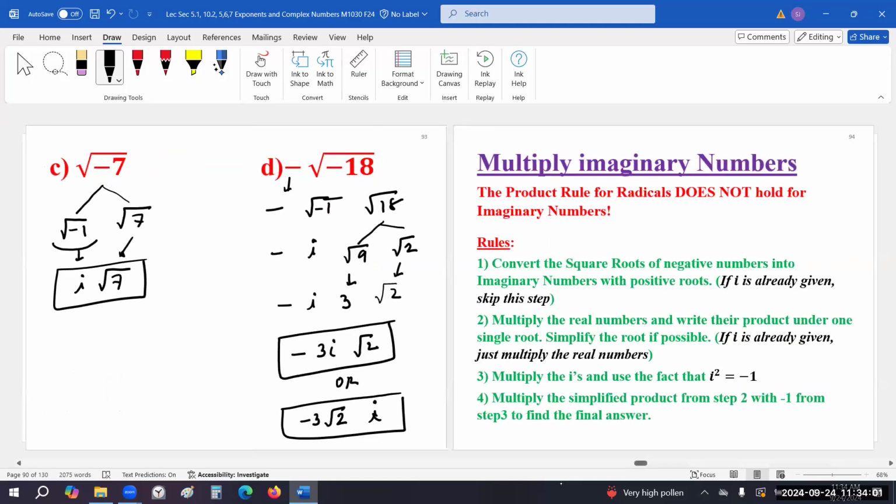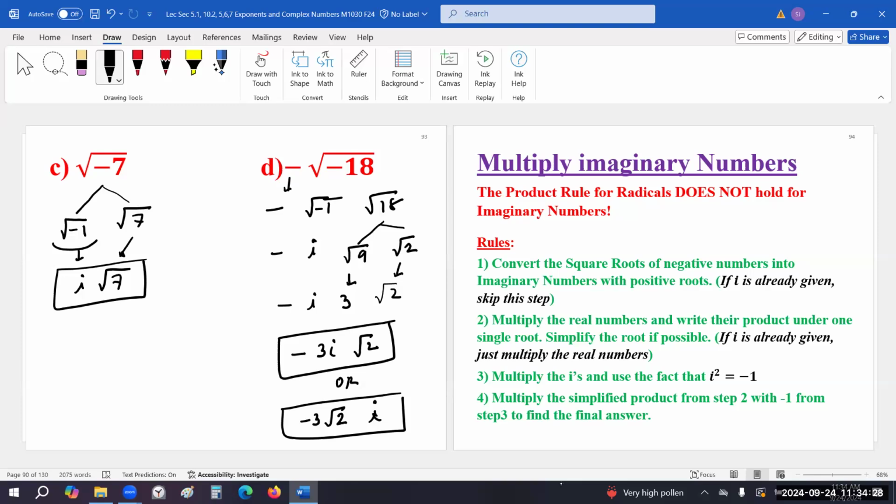Okay, let's see what you have next. Multiplying imaginary numbers. It's just like multiplying real numbers, but anytime you bump into two i's, it becomes i squared. And you have to remember that every i squared gives you the real number -1. Cool, right? If you have two i's together, it becomes real.